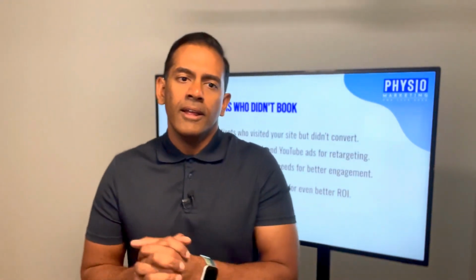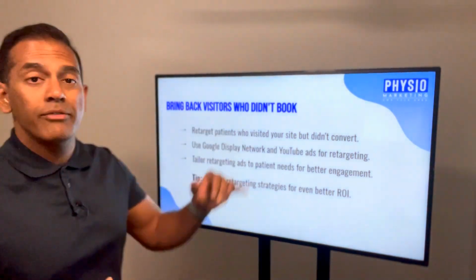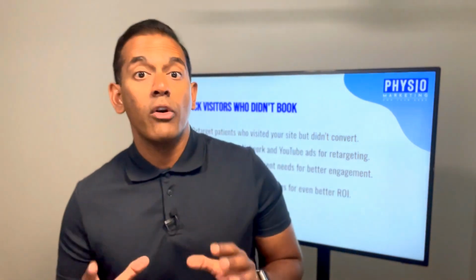One of the biggest ROI methods when it comes to Google Ads is retargeting. So you need to bring back visitors who didn't book or didn't convert. So they didn't make a phone call, or they didn't book online, or they didn't submit a contact us form. People who've been to your website already know about your website.